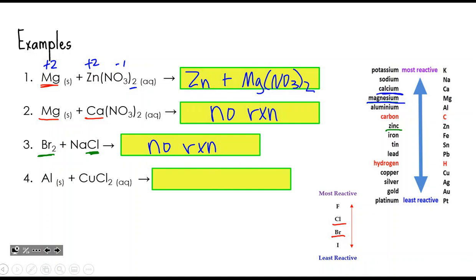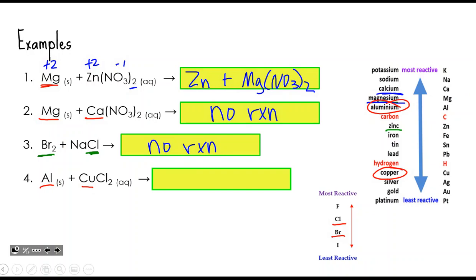It is a metal, so it should switch with the other metal up there, which happens to be copper. But let's check. We have copper, we have aluminum. Let's look over here. Here's copper, and here's aluminum. Is aluminum more reactive than copper? Yes, so this one's going to take place.